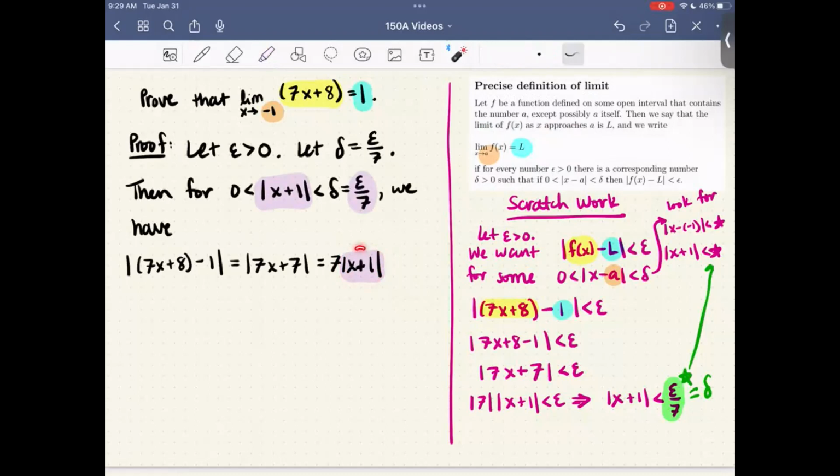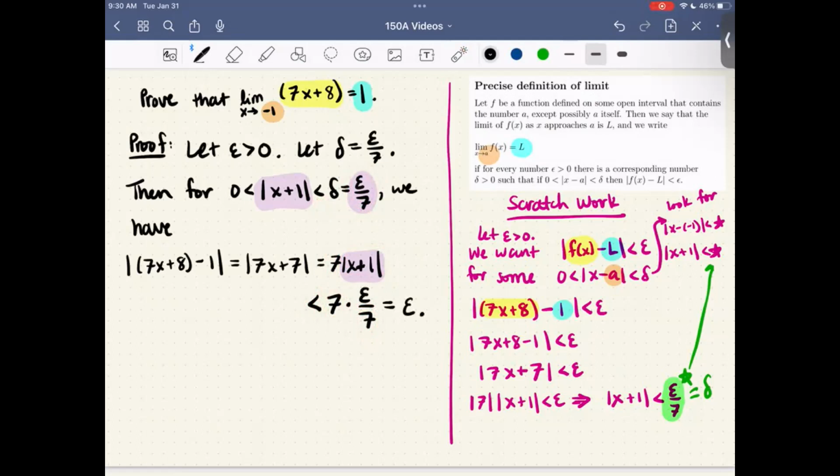So I can say that this quantity is less than epsilon over 7, but I still have the 7 here, so that 7 is going to stick around with me. So this product is less than 7 times epsilon over 7, because I know this part of the product is less than epsilon over 7. Now these two 7s cancel out, so I have that this is epsilon.